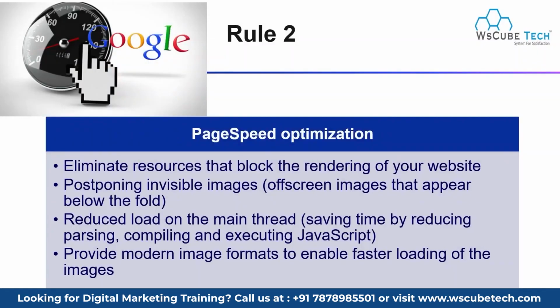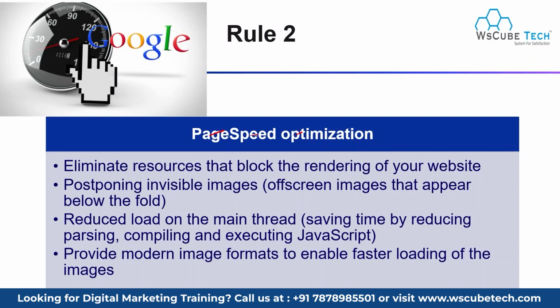Rule number 2, page speed optimization. As we all know, page speed plays a very important role in terms of SEO. So eliminate resources that block the render of your website. We have to take care of that. Postpone invisible images, that is your off-screen images that appear just below the fold.